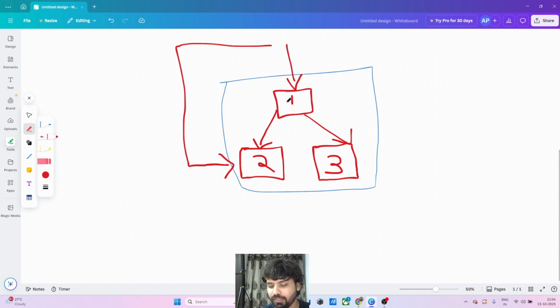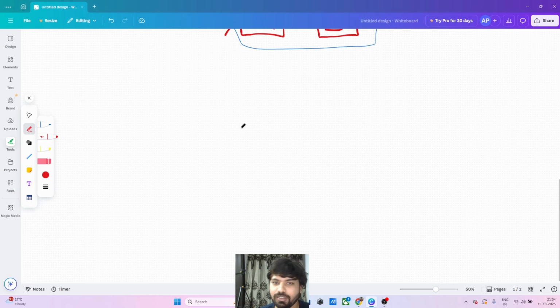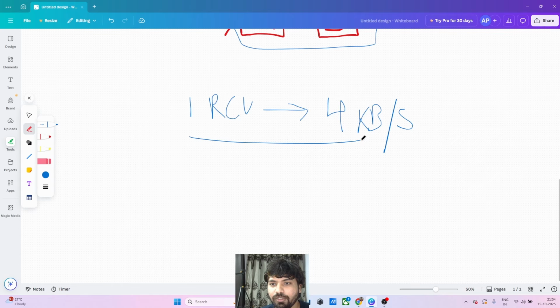And since a strongly consistent read provides you more, it will cost you more. So for the strongly consistent read, one RCU will do 4 KB per second. This is the throughput of a strongly consistent read.